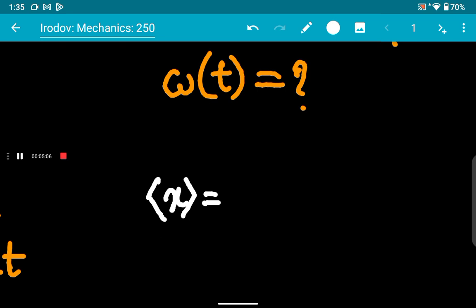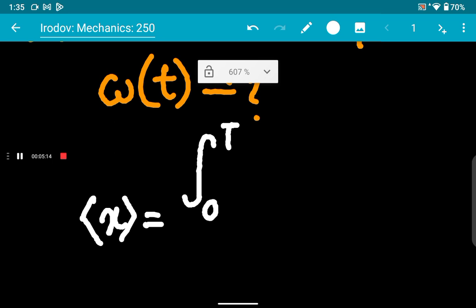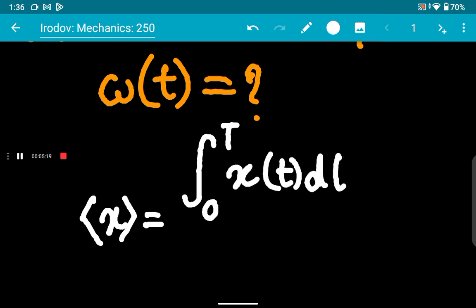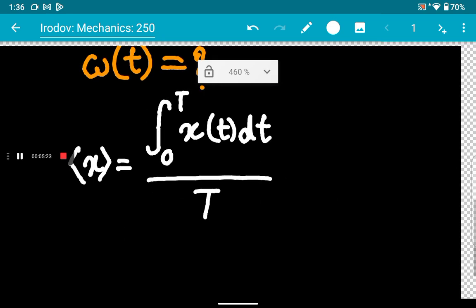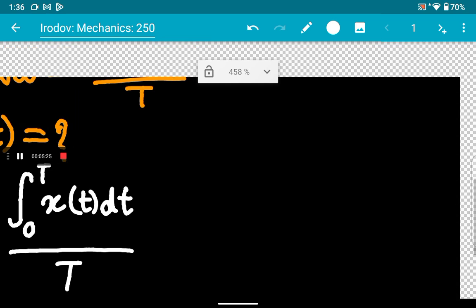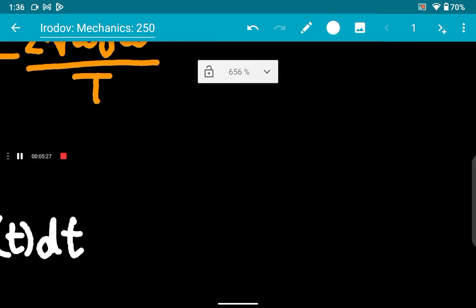So for a continuous variable x, we can write the average value as the integral of x(t) dt divided by the whole time period. And if x is discrete, let me write that also.